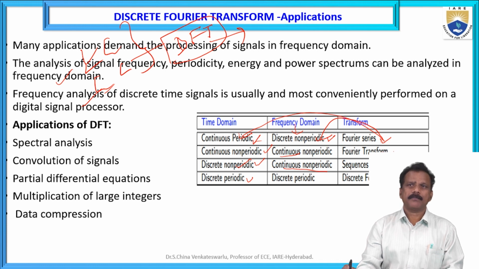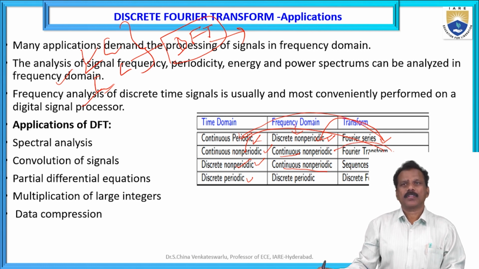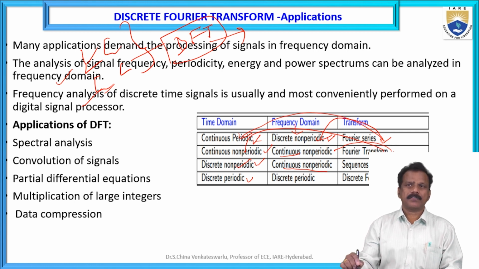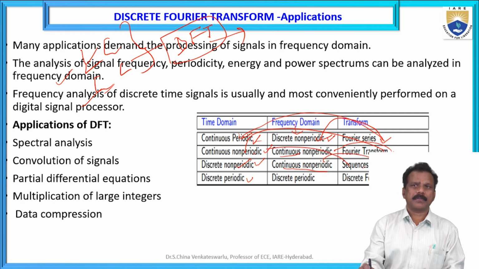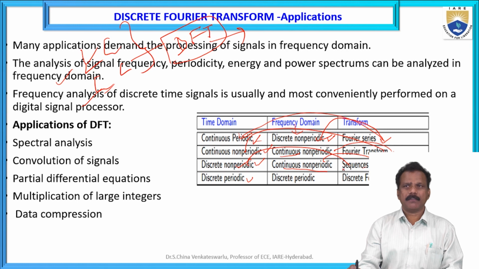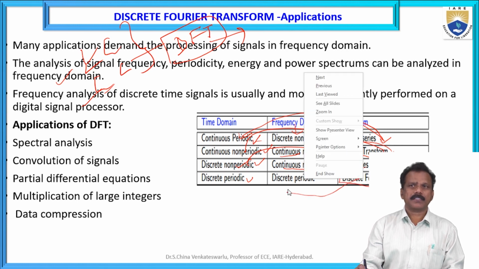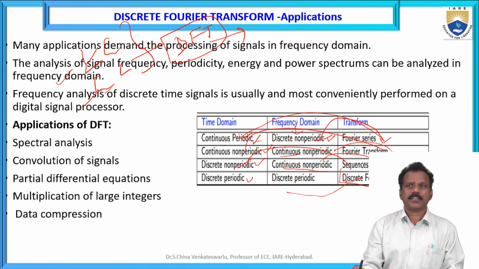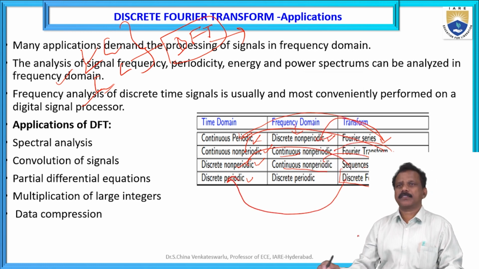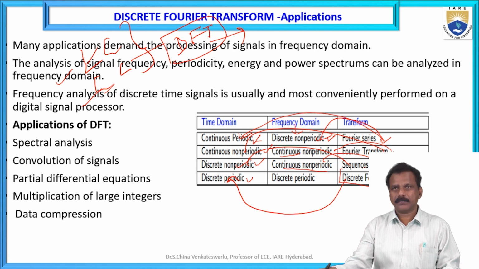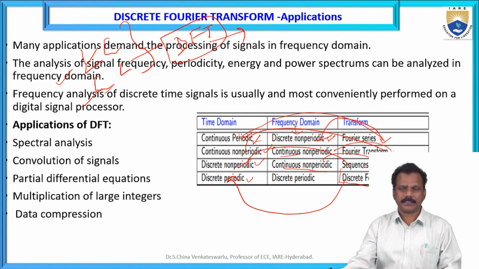Applying the Fourier transform to a continuous non-periodic signal gives continuous non-periodic in both domains. For a discrete non-periodic signal, the discrete-time Fourier transform gives a continuous periodic frequency domain. For the discrete Fourier transform, the frequency domain is discrete periodic and the time domain is discrete periodic. Both are the same.